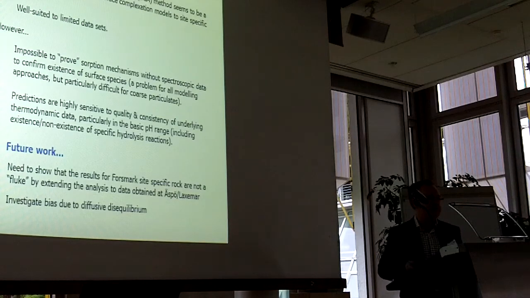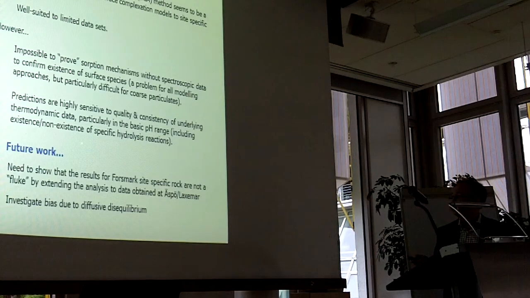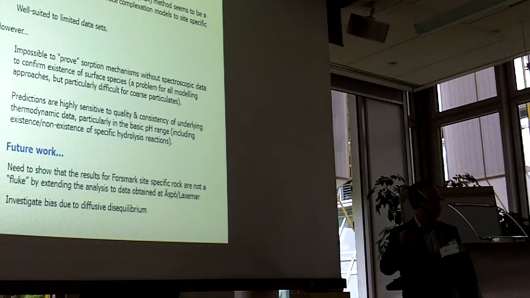Perhaps more importantly, it extends to the whole question of whether some of these specific hydrolysis reactions which exist in the thermodynamic databases exist in reality, or whether we just think that they do. Everything that you model with a database that is incorrect will have a bias introduced because of that.